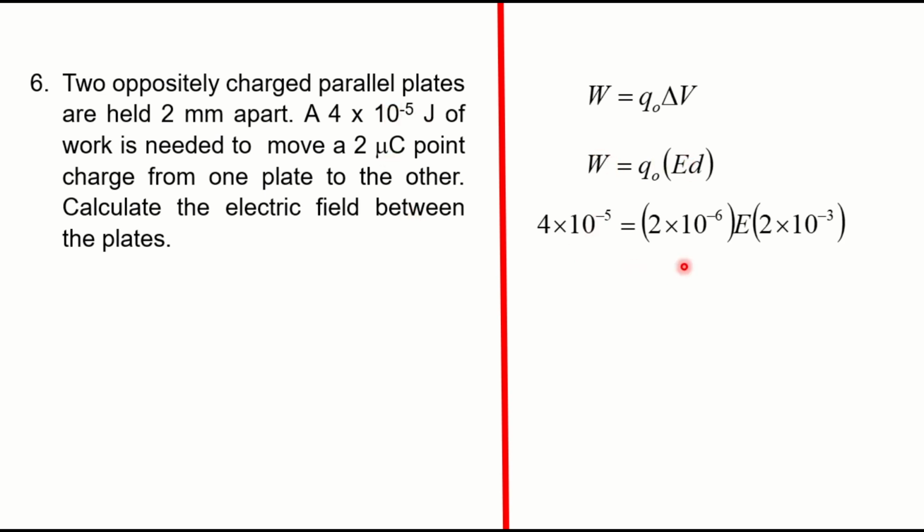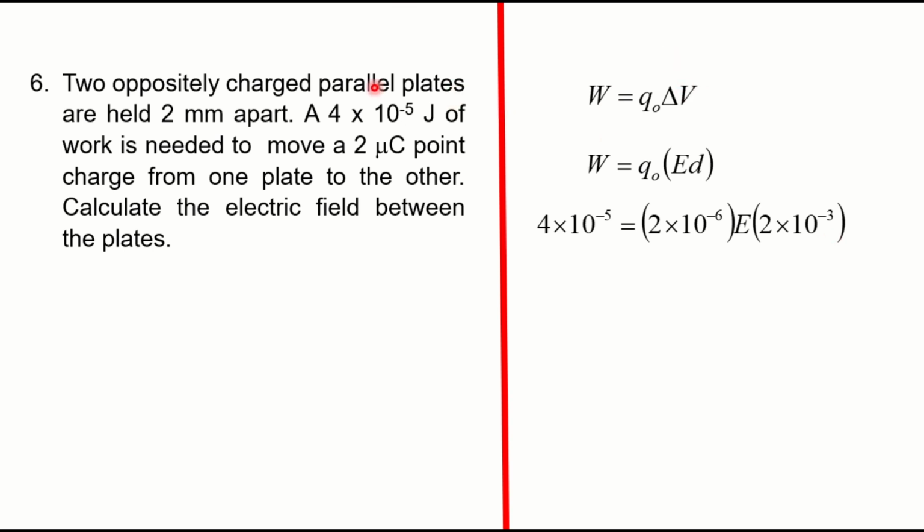E is the electric field strength, which we are looking for. Q naught is the point charge, 2 microcoulomb, which is 2 times 10 to the power of negative 6. D is the distance between the plates.